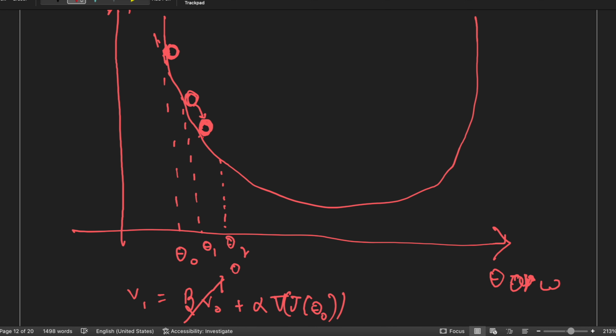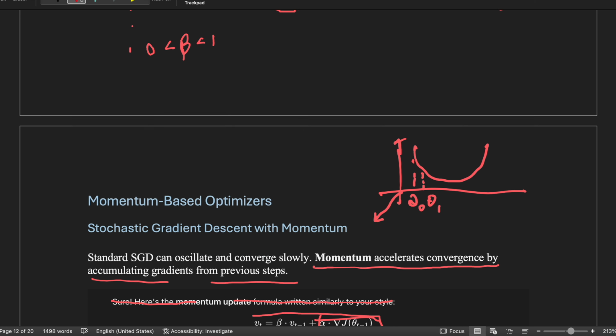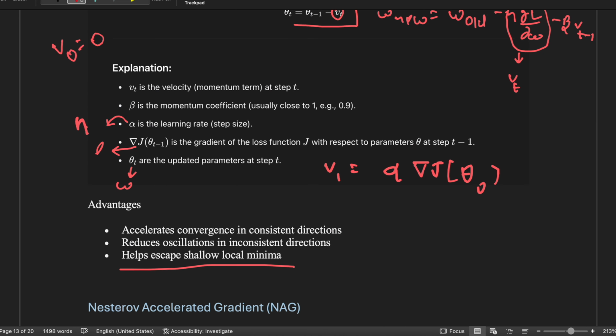From that position we calculate the gradient to get to some new position. If I say the slope will be lesser, then we will be landing somewhere here. So this is what happens when we consider Nesterov accelerated gradient.